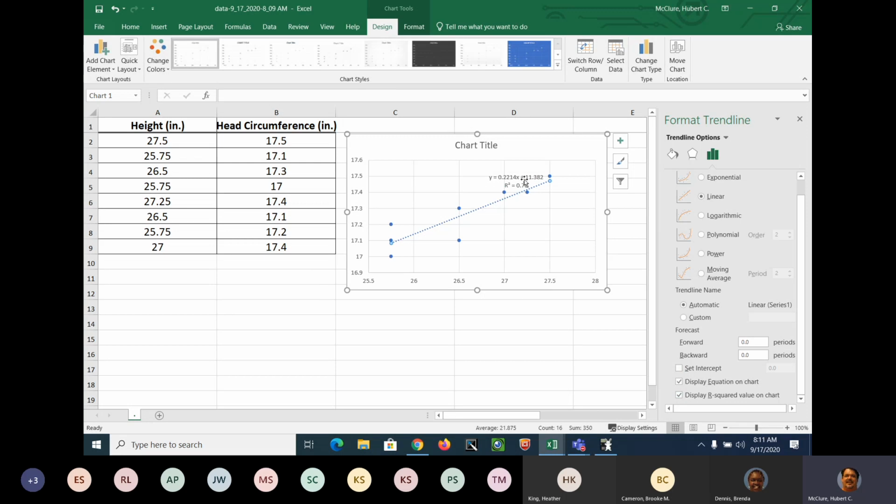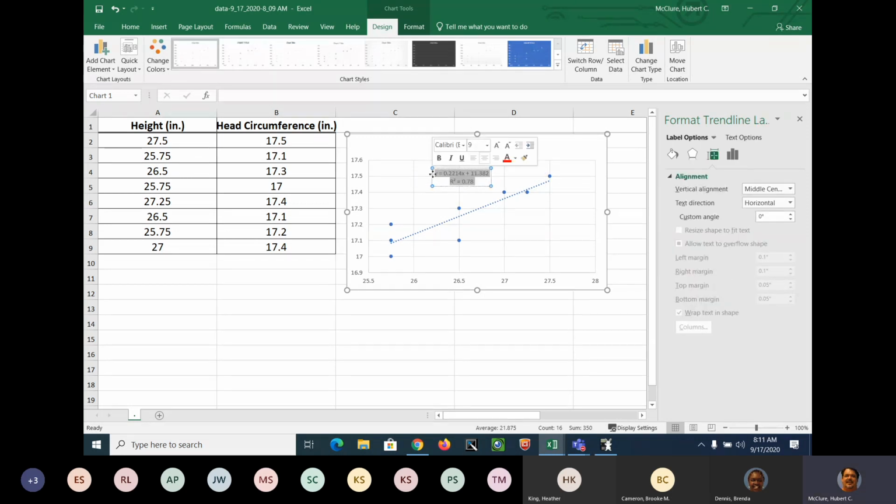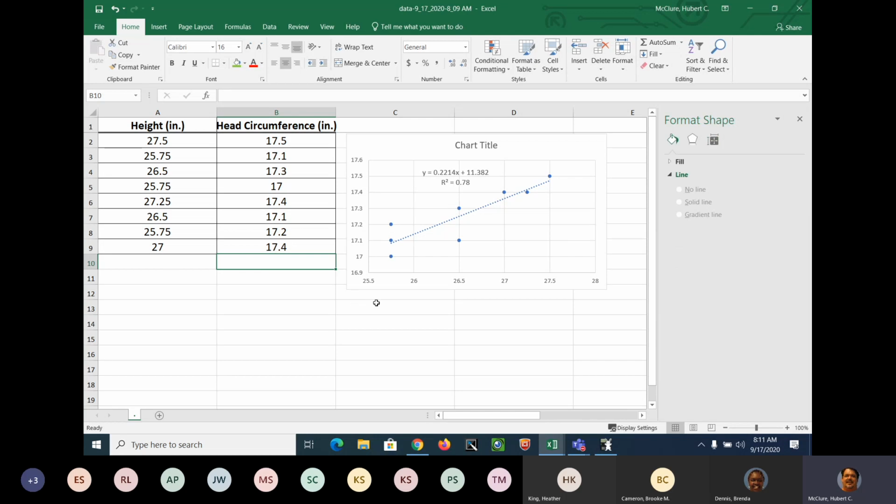And there is the equation for the best fit line and my R squared. Of course, I'm going to have to say R is equal to 0.78 raised to the 1/2 power.